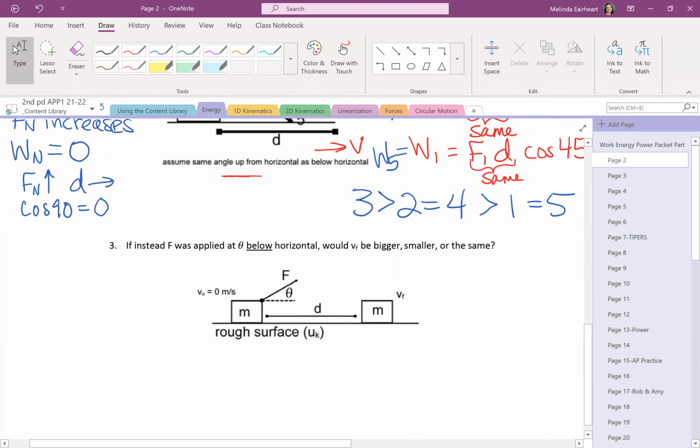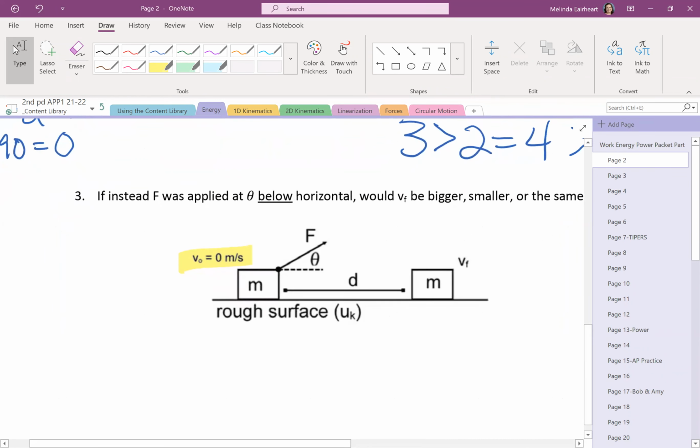Similar, but now we actually have one type of force here. It says we got an object that's going to start from rest. And how do I know that? Initial velocity is 0. And then we're going to pull up and to the right with a force. You can call it an applied force at some angle at the horizontal.